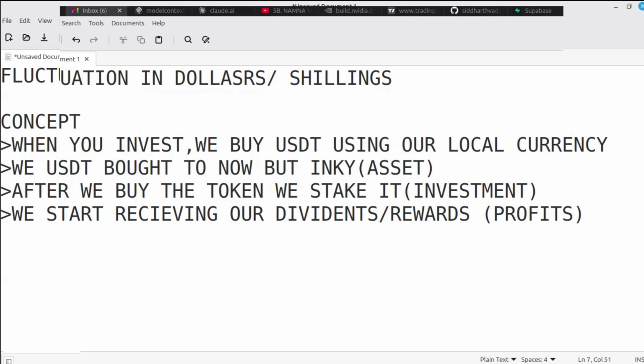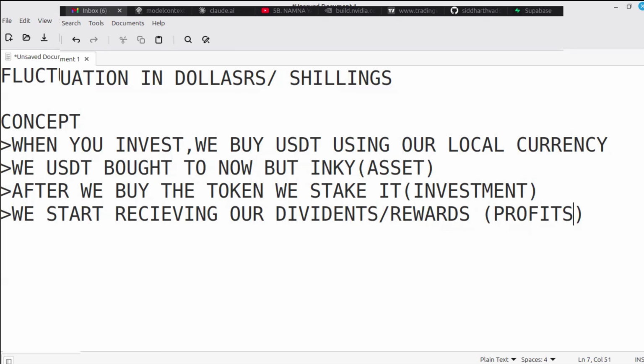Your local currency, you buy USDT. USDT, we use it to buy INK. The INK that you buy, you stake. And once you stake, you get a reward. I believe that is very, very clear for anyone to understand. That's a very, very simple concept.